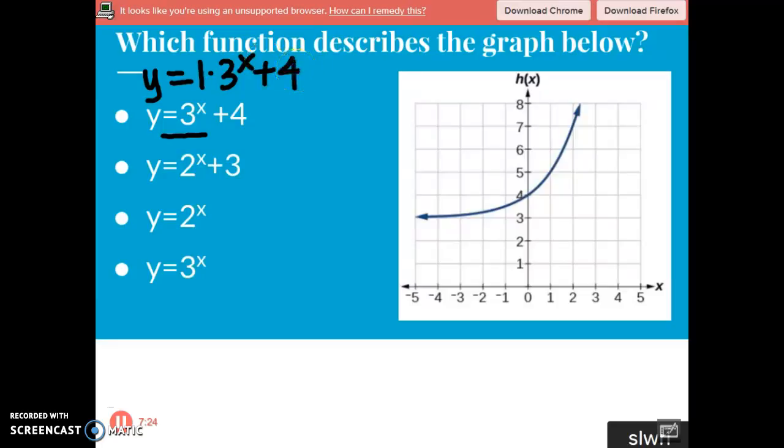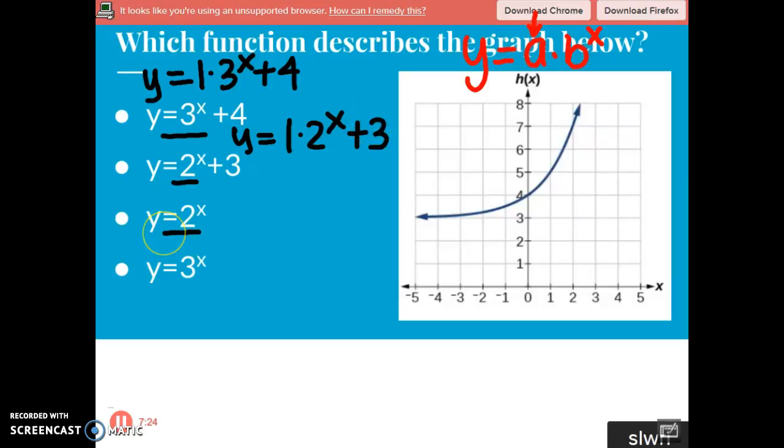Because remember, for any exponential formula, it is y equals a times b to the x power, where a is your y-intercept. If I was to rewrite this equation, it would be y equals 1 times 2 to the x power plus 3.